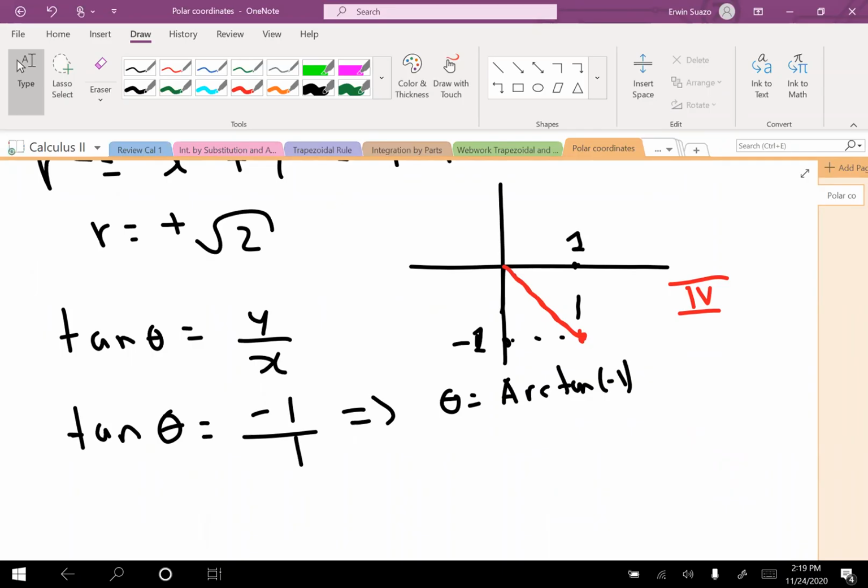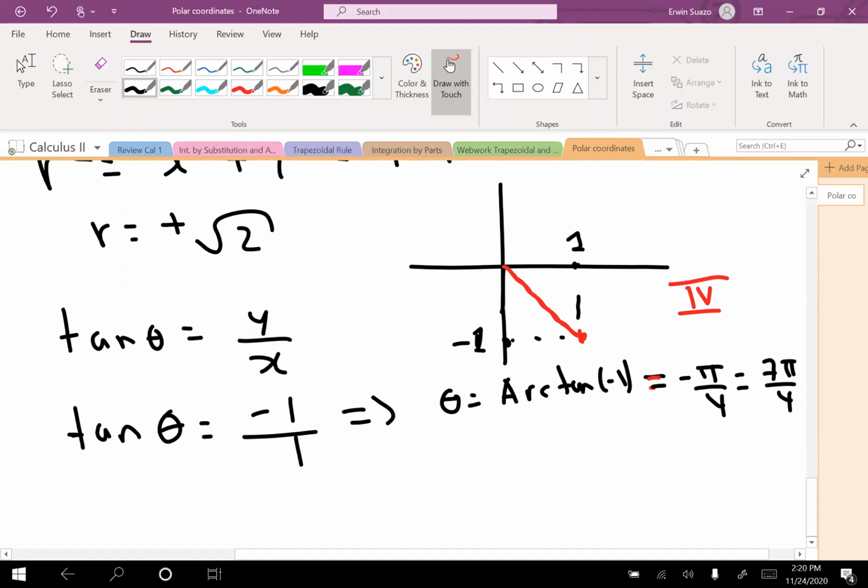So you could choose minus pi/4, or the same thing, 7 pi/4. Both are the same, guys.